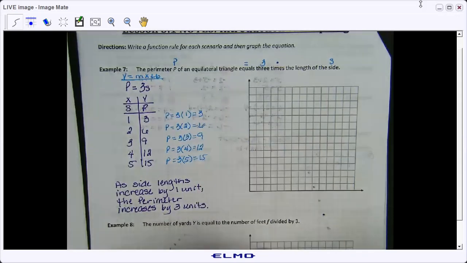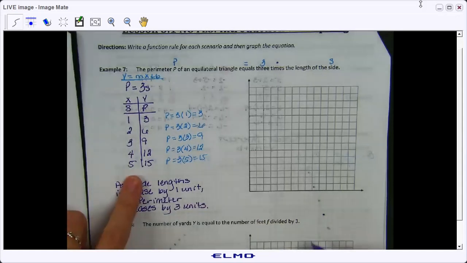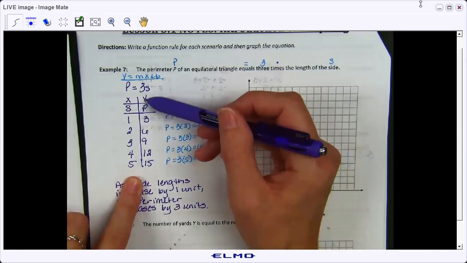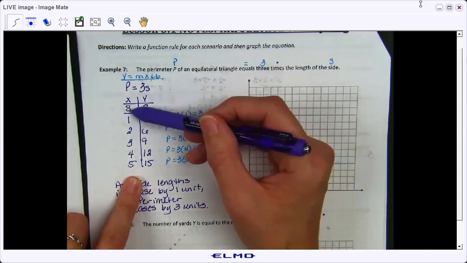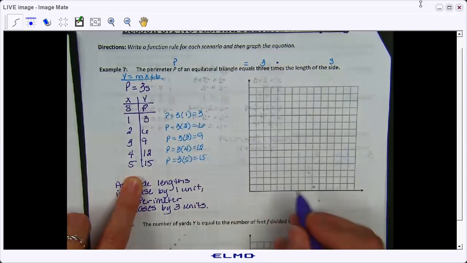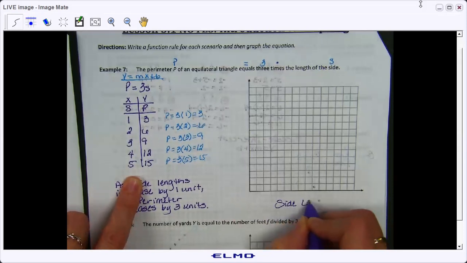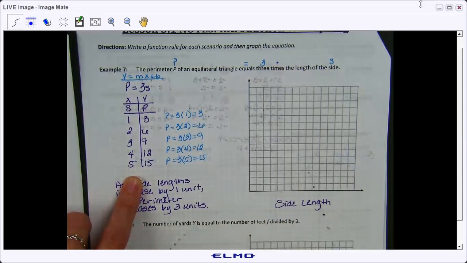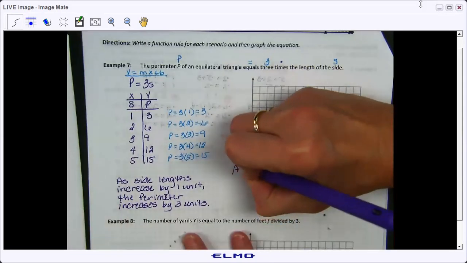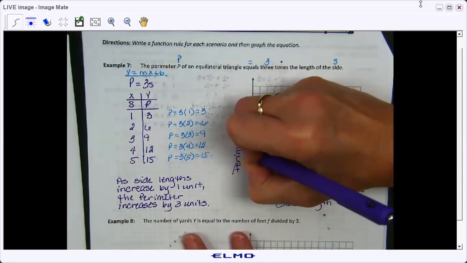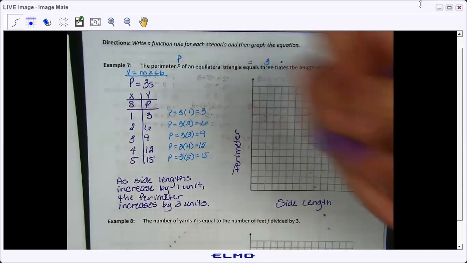Is it my side length or my perimeter? Okay, so look right here though. We have y right here, which is perimeter, and x right here, which is side length. So yeah, it's going to be the side length. So side length here. Okay. And then my perimeter would be on my y-axis.